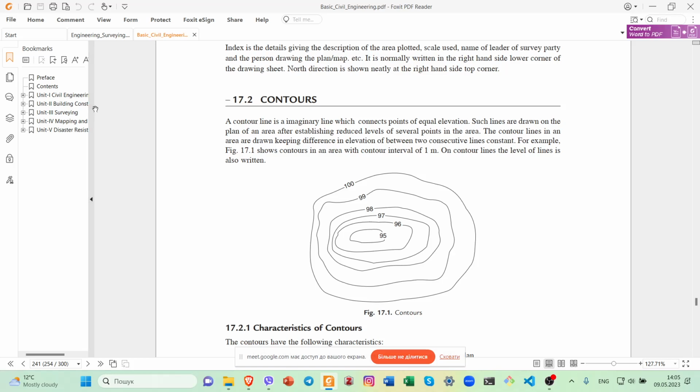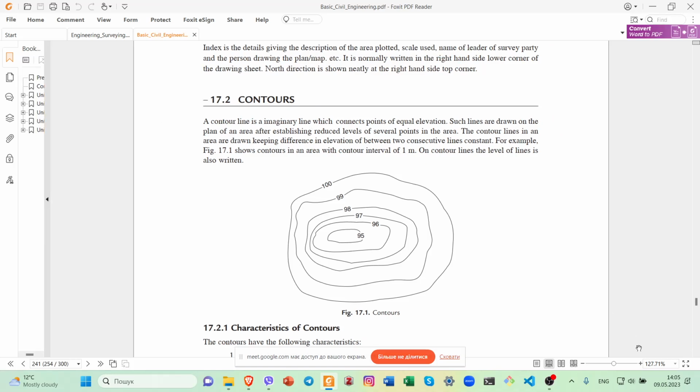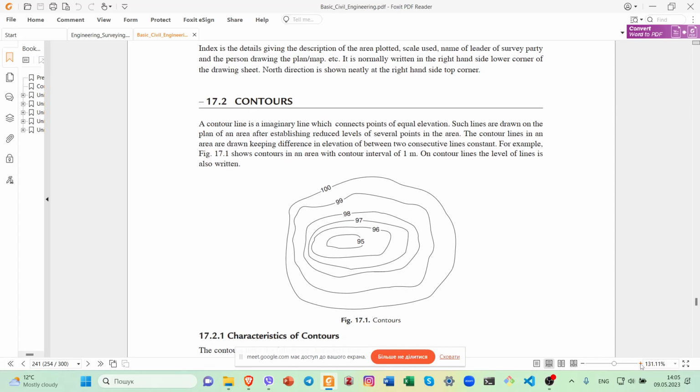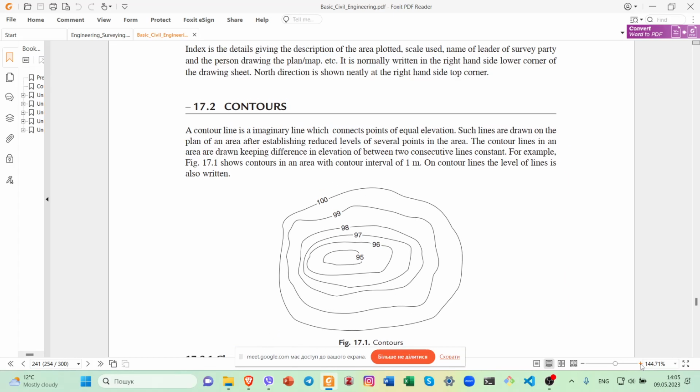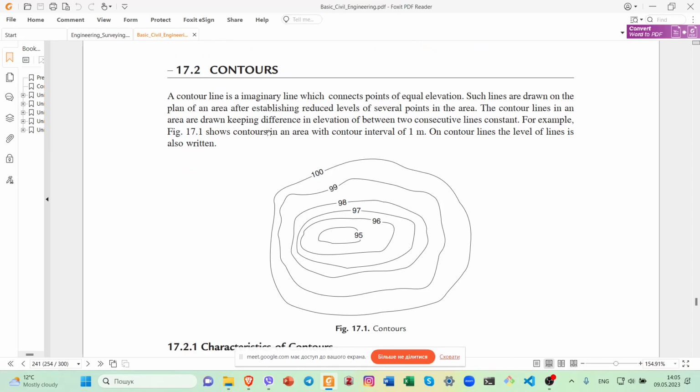So I ask everybody to finish your work with contour lines. A contour line is an imaginary line which connects points of equal elevation.